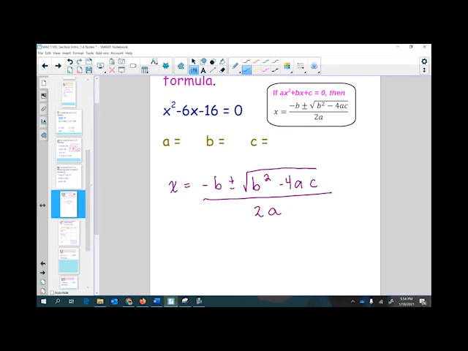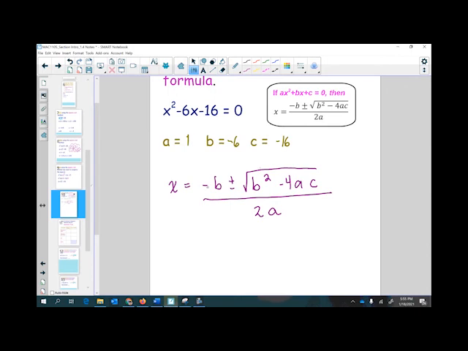Here, I don't see anything in front of the x squared term. What that means is the number is just 1. So we're going to use 1 as the first value that we're going to be plugging into the formula. b is -6, and c is -16. So now I have the formula rewritten here, and I'm just going to start replacing each letter with the values that are assigned to them.